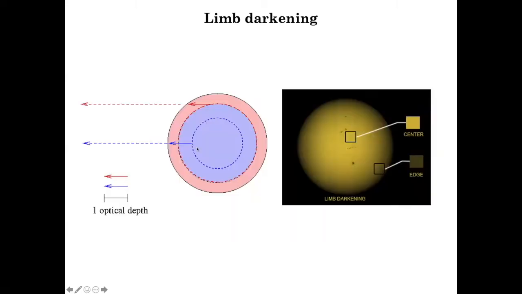If you look geometrically, imagine that the light that you're seeing is the light that is escaping here from this blue area. And then to escape here from the atmosphere, it has to cross this path. So that's the light that gets to you. The light from this blue area to escape towards you from the limb has to cross a larger path, so it's more attenuated, and therefore it's going to look darker. That's what you're seeing here in limb darkening.